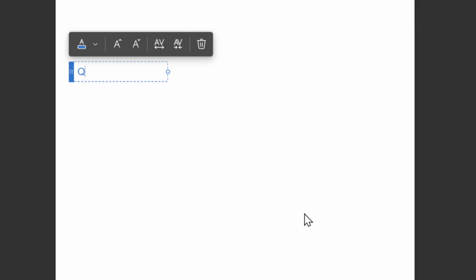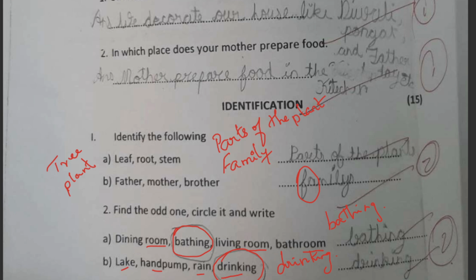So the question they are asking is, arrange the following in ascending order, small to big.